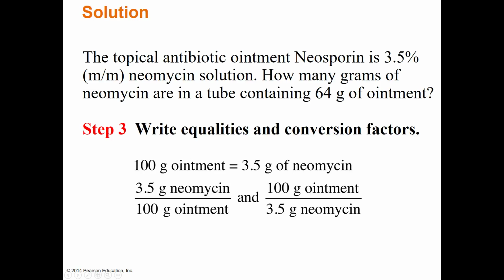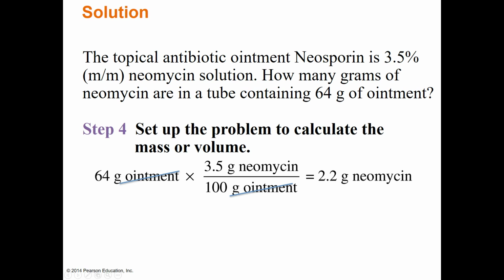And then it's asking how many grams of neomycin would there be in a tube containing 64 grams of ointment. So you start with the 64 grams of ointment, and you would use this conversion factor: 3.5 grams of neomycin in 100 grams of ointment.